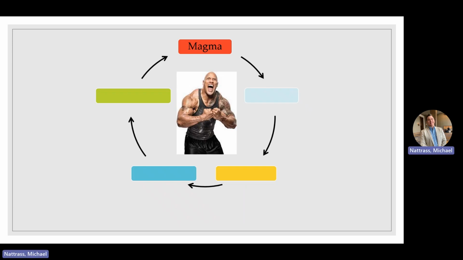And when we talk about the rock cycle, this is kind of the formation from beginning to end on how these different rocks form. So remember, we have magma that is inside of the Earth's surface.